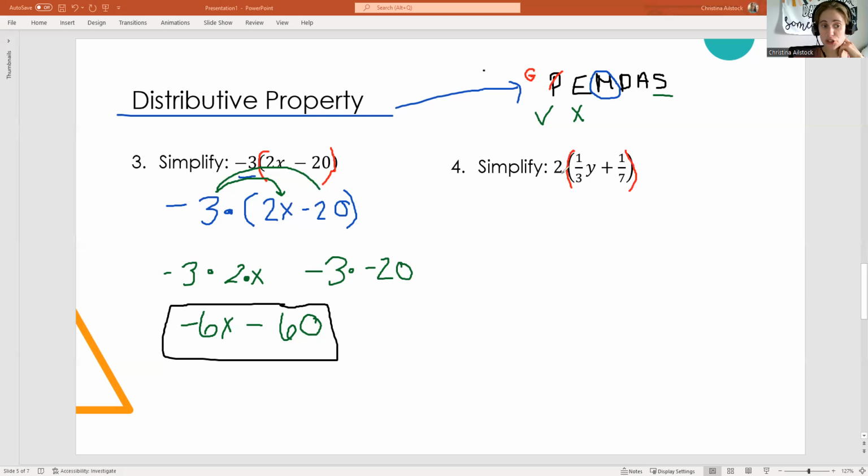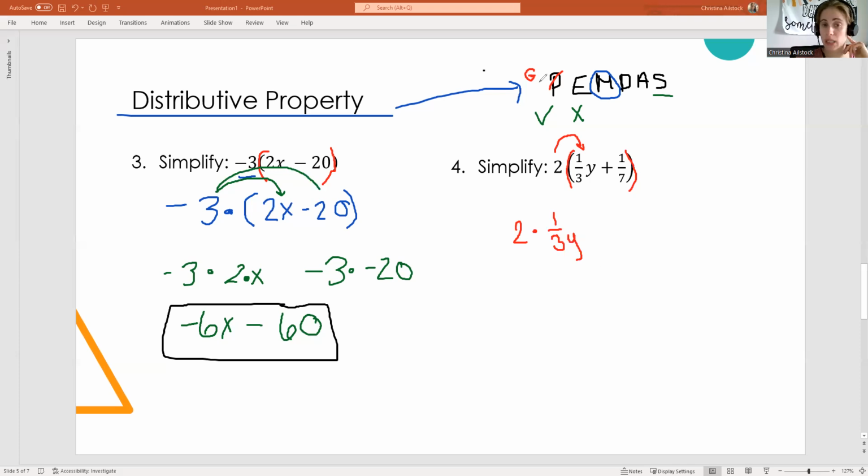which means I'm going to use that distributive property because I notice there's a 2 right outside the parentheses, and that 2 is being multiplied by the parentheses. So we're going to distribute. We're first going to take 2 times 1/3 y.